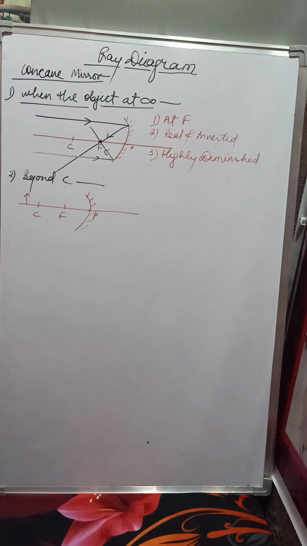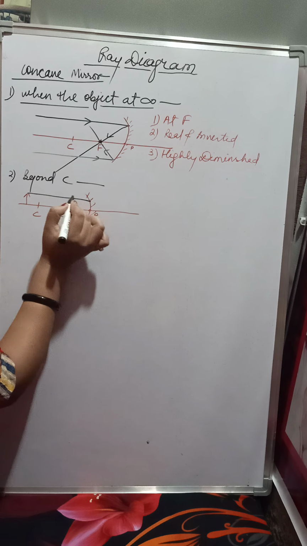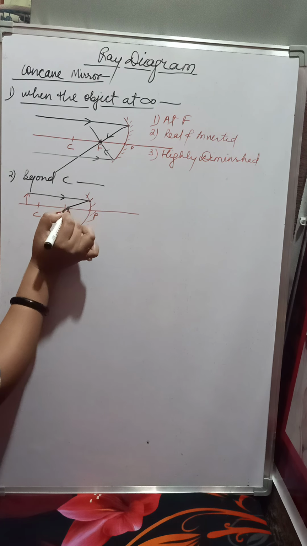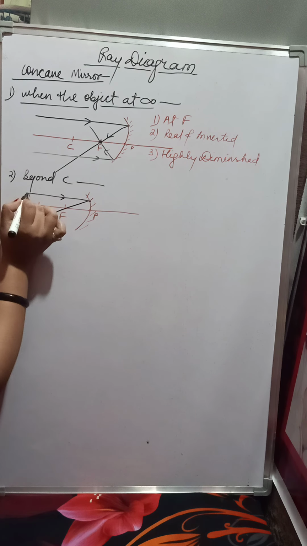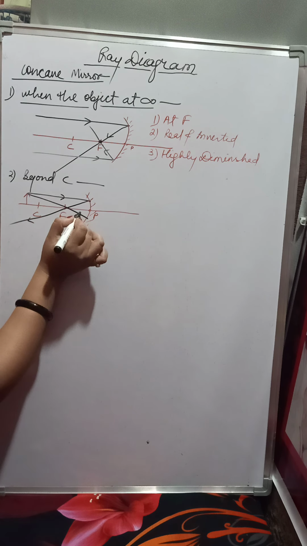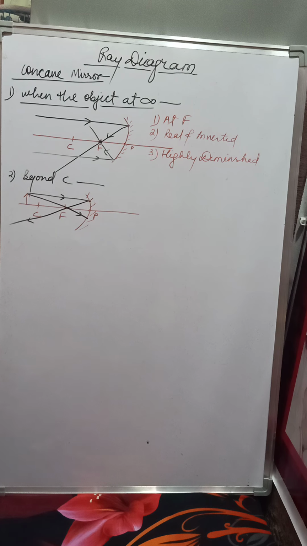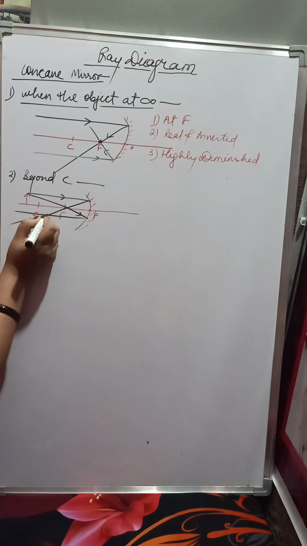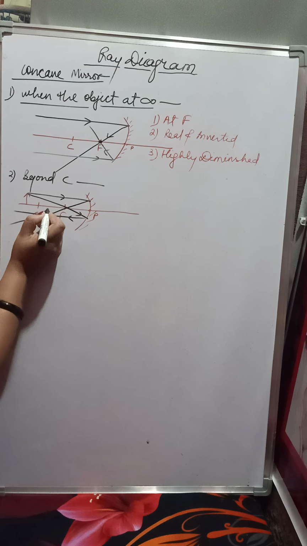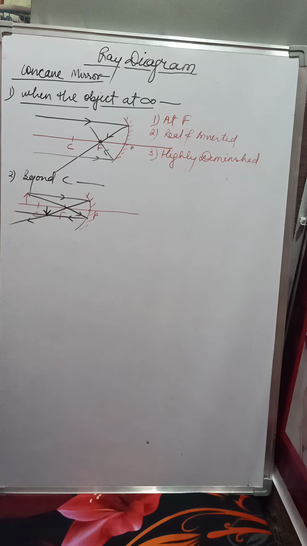This is the object. The first light ray is parallel to the principal axis. After reflection, it will pass through the focus. The second ray passes through the focus, and after reflection it becomes parallel to the principal axis, where these two rays are intersecting between focus and center of curvature.